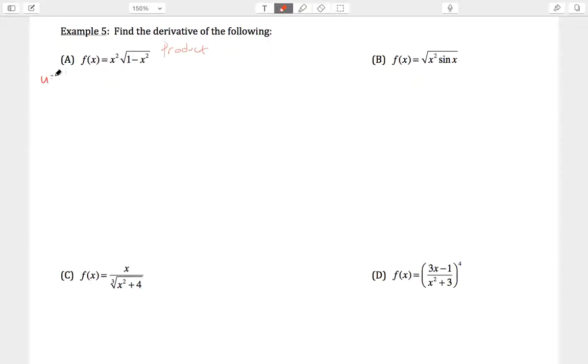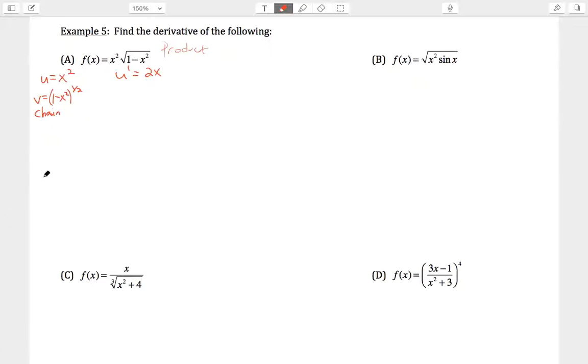For our product, u equals x squared, so u prime equals 2x. And then v equals 1 minus x squared to the 1/2, which is a chain. So you're going to do a chain inside of a product.